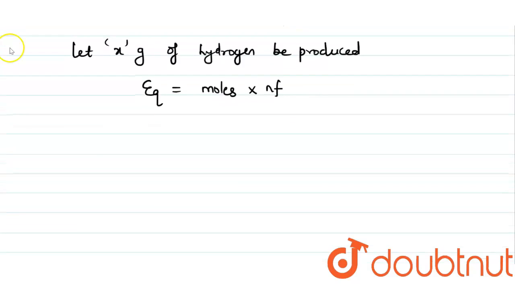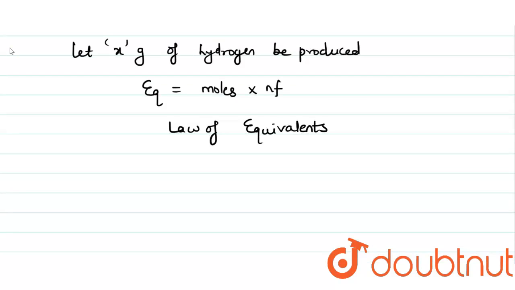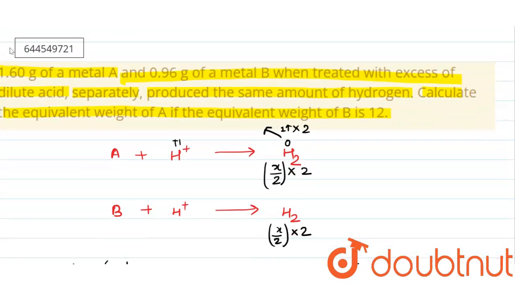So now we need to use the law of equivalence. What does this state? This states equivalence of A is equal to equivalence of H+, which is equal to equivalence of H2. So we'll use the same thing over here.